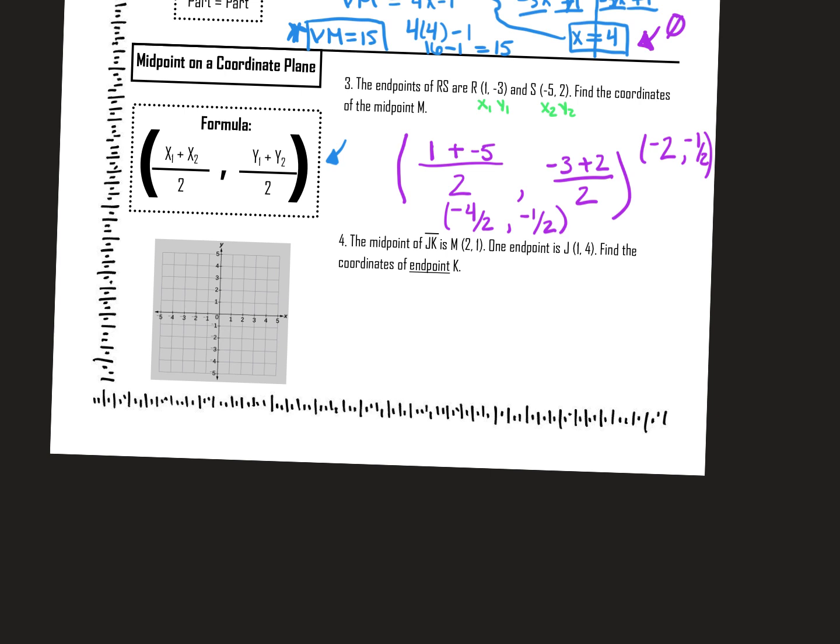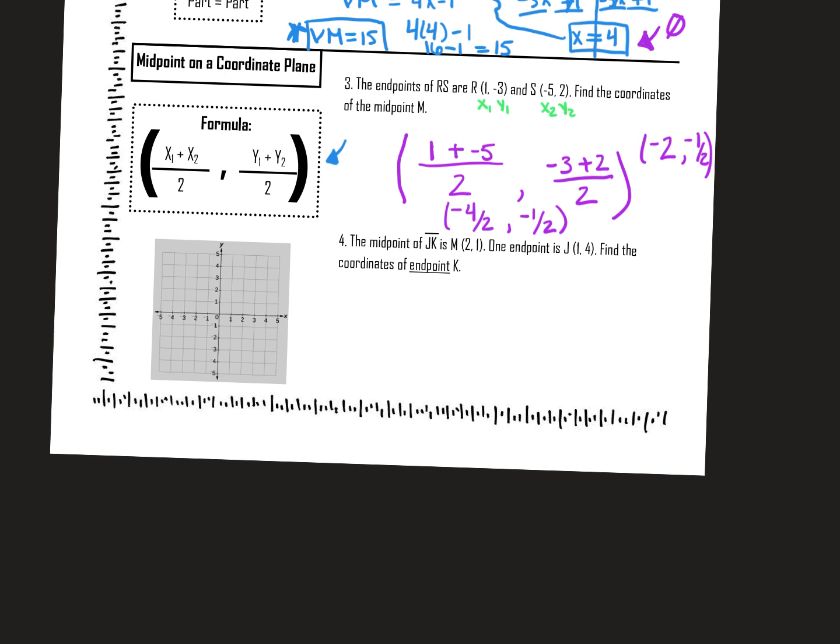All right, now looking at question 4, it is talking about the midpoint of JK being M, which is at (2, 1). One endpoint J is at (1, 4). Find the coordinates of endpoint K. So this right here, it's very crucial that you are able to draw a diagram.